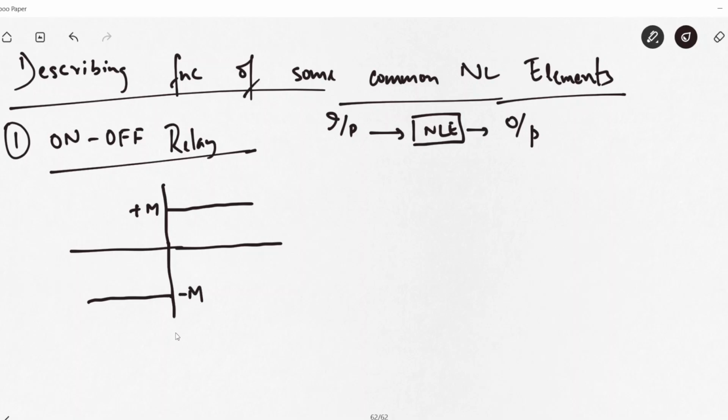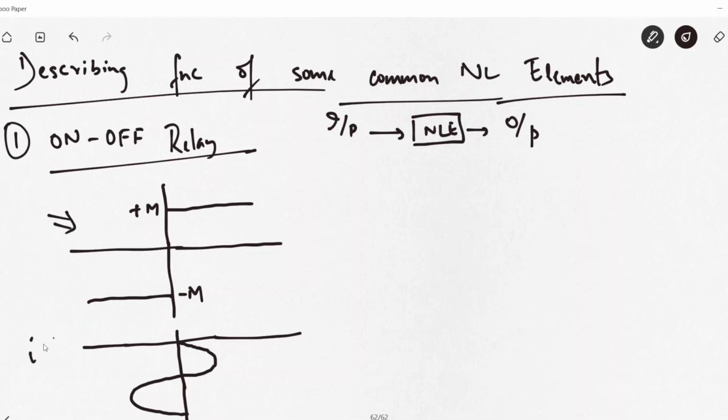And the input that we are applying to this is a sinusoidal input. I will be showing the sinusoidal input like this. So this is the characteristics of the on-off relay.